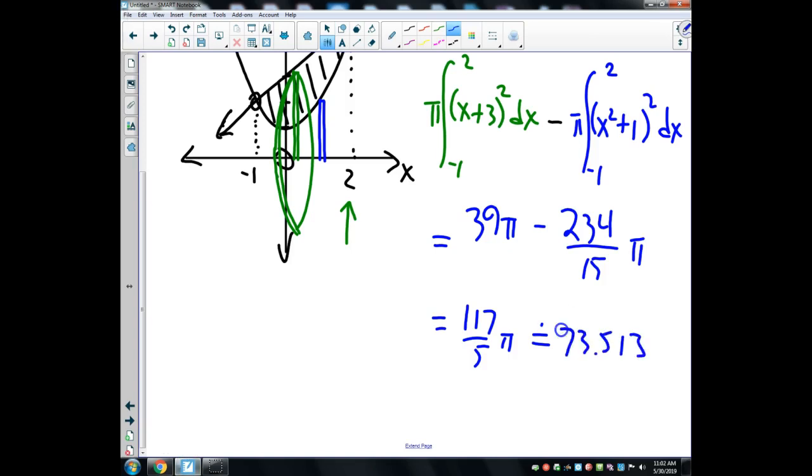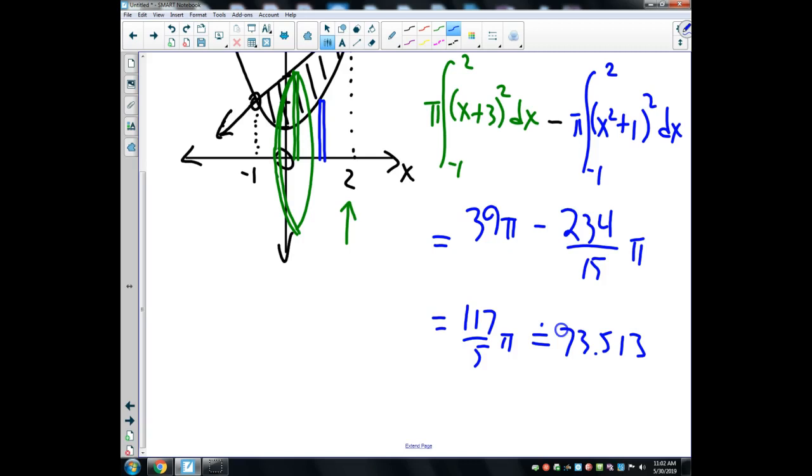If it's -1 inches from the origin and +2 inches from the origin, then this is 73.513 cubic inches, right? Or 117/5 of pi cubic inches. Or there's nothing wrong with writing 39 pi minus 234/15 of pi cubic inches.